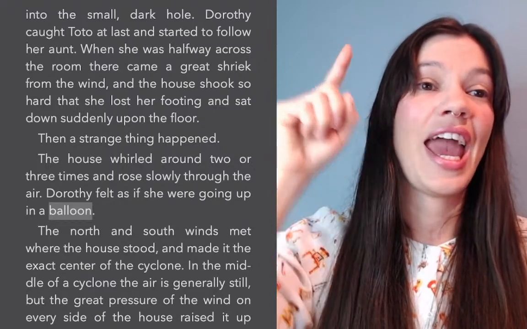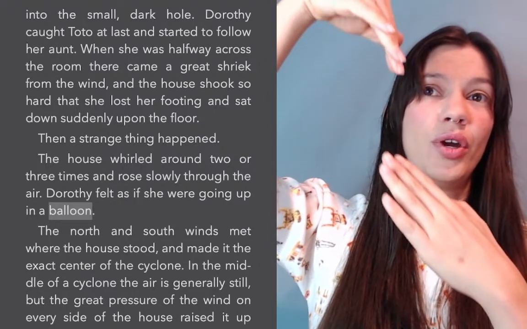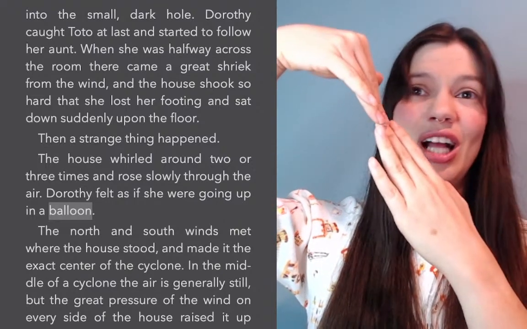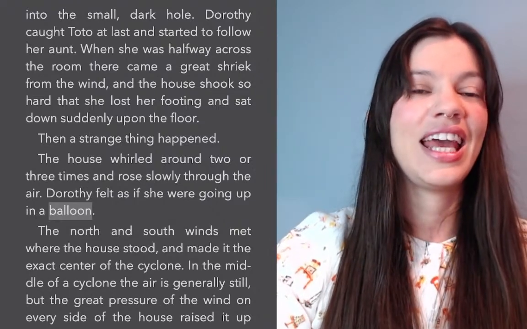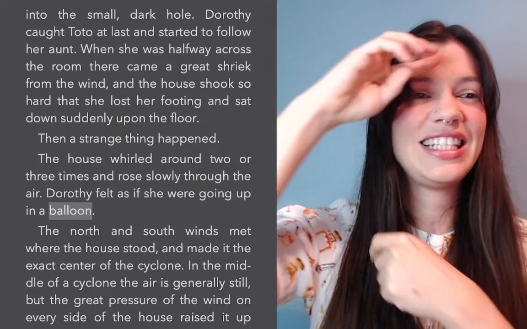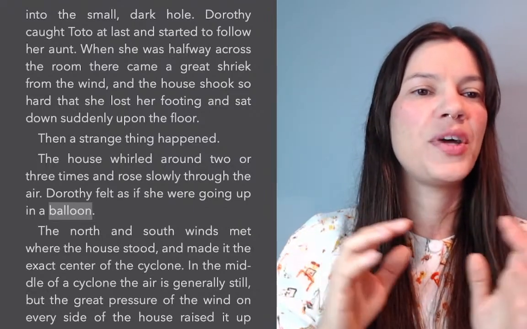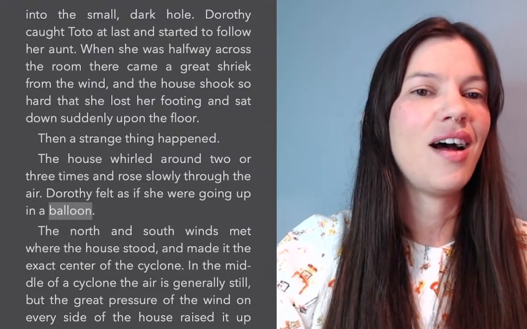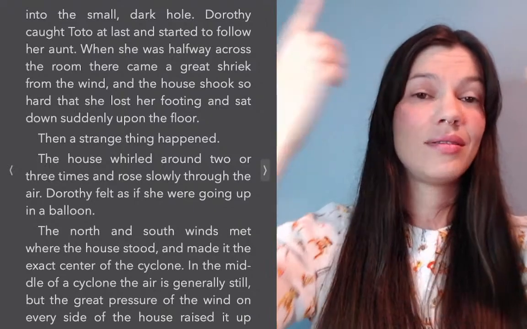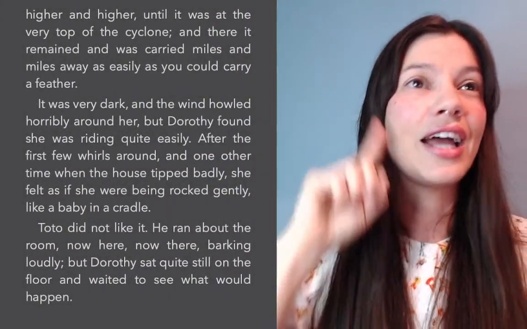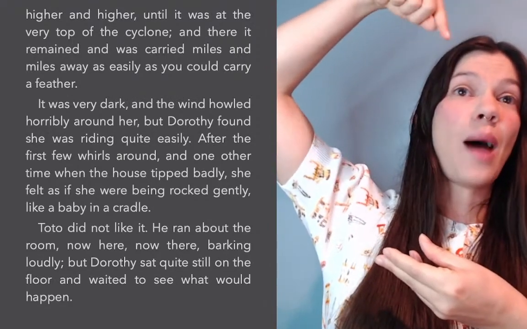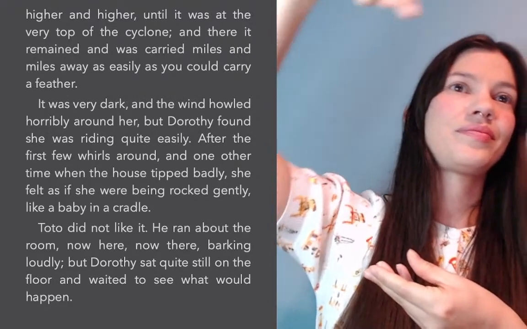The north and south winds met where the house stood and made the exact center of the cyclone. In the middle of a cyclone, the air is generally still, but the great pressure of the wind on every side of the house raised it up higher and higher until it was at the very top of the cyclone.